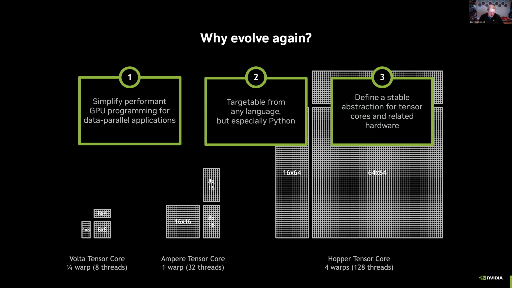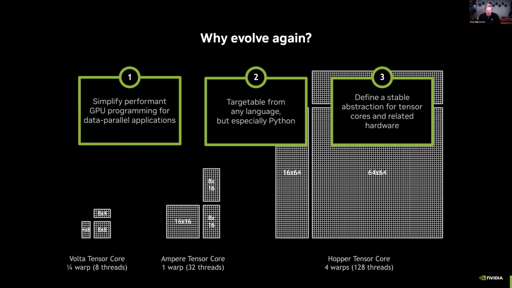With Volta, we had a relatively small tensor core that was an acceleration method for, in particular, matrix multiplication. But you can really think of these as fundamentally kind of systolic arrays, right? These are similar to what we see on other large-scale tensor devices.